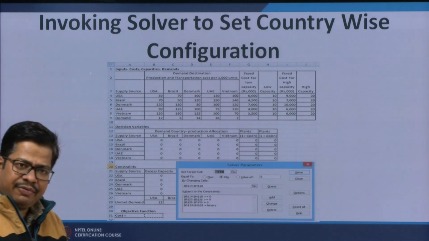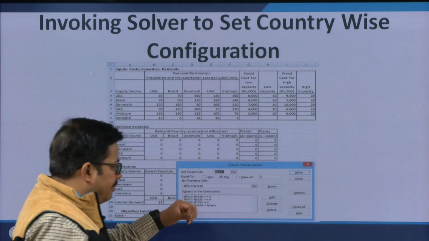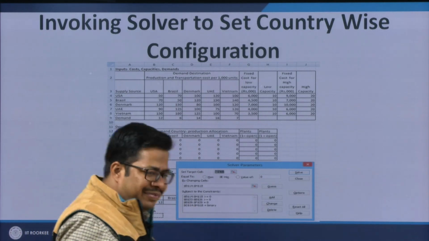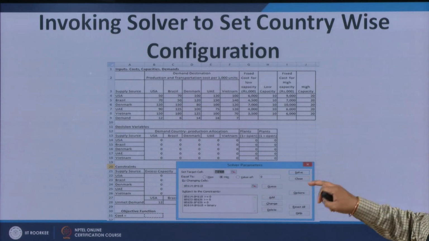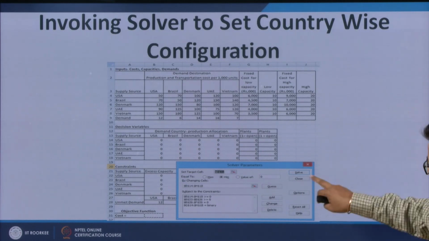So these are the 4 constraints we have put here, and after putting these 4 constraints, we click the solve button.